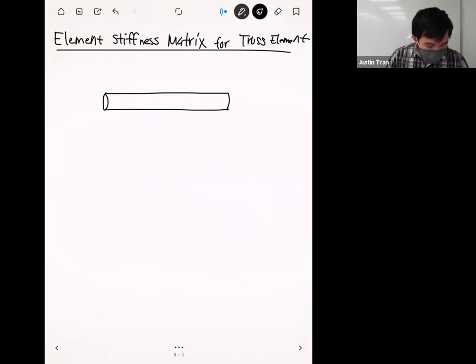The thing with truss elements is that they're restricted in terms of deformation: they can only either extend, so they get longer, or compress, so they get shorter.